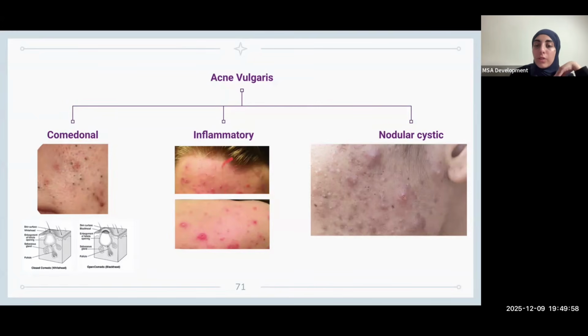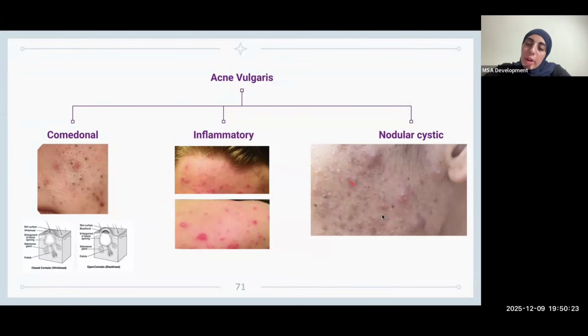Now, if it gets even more severe and the inflammation gets so severe, you will have nodular cystic acne, which is the same thing but a more severe form. So you see these nodules over here forming and cysts. So in this picture, you can actually see all the stages. You can see some closed comedones here, and you see also some open comedones like this one and these ones.